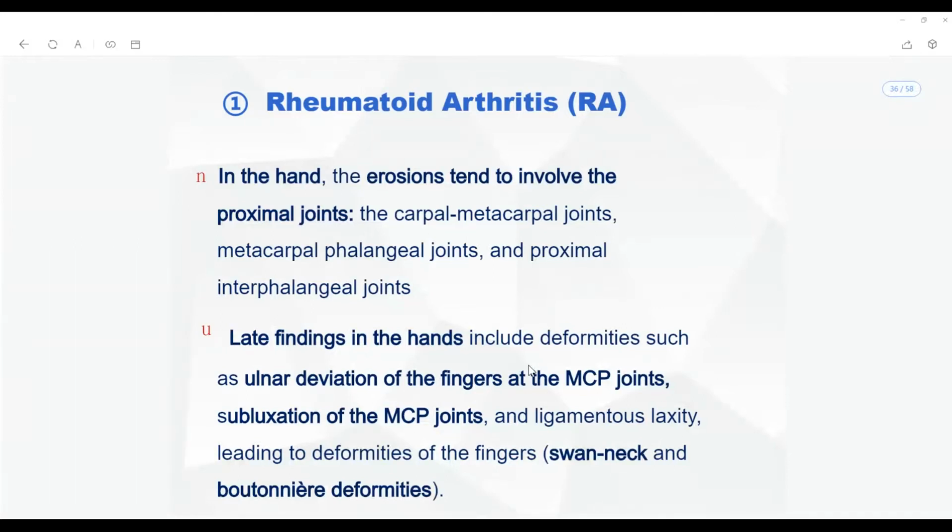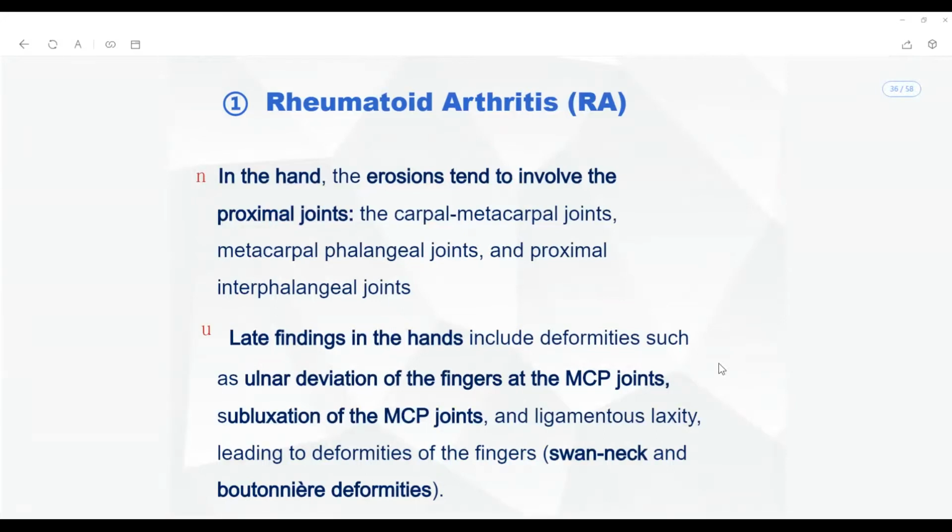Ulnar deviation of the fingers at the MCP joints. MCP joints are nothing but your metacarpophalangeal joints, where there will be lateral deviation of the metacarpophalangeal joints.